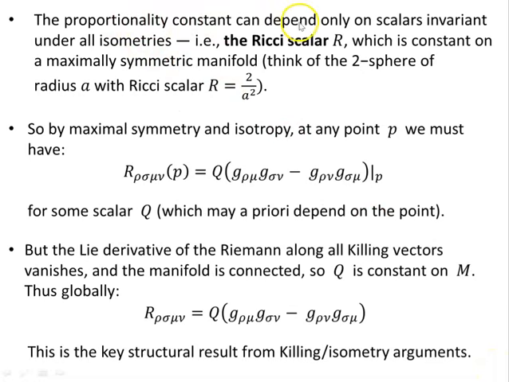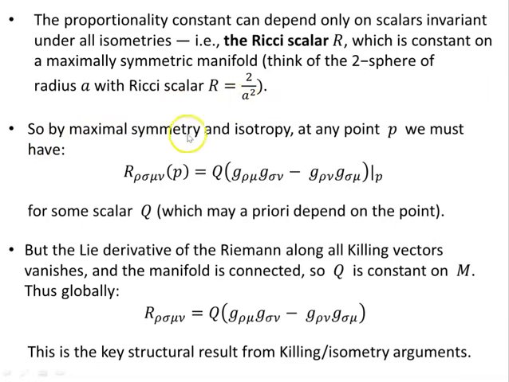The proportionality constant can depend only on scalars invariant under all isometries, i.e. the Ricci scalar R, which is constant on a maximally symmetric manifold. So think of the 2-sphere of radius A with Ricci scalar R equal to 2 on A squared.